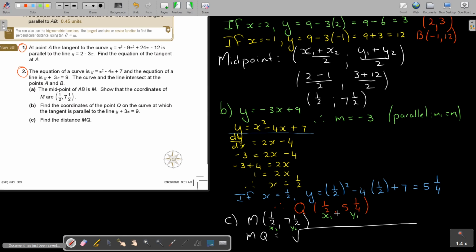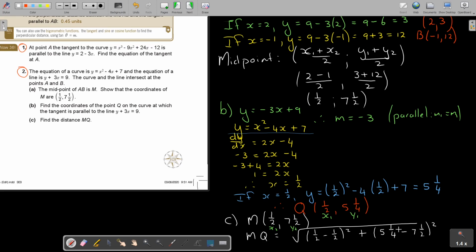So it's the difference in x squared. Okay, now the difference, so it will be a half minus a half squared plus the difference in y squared, 5 1/4 minus 7.5 squared. So this is becoming 0, but luckily that one is still there.